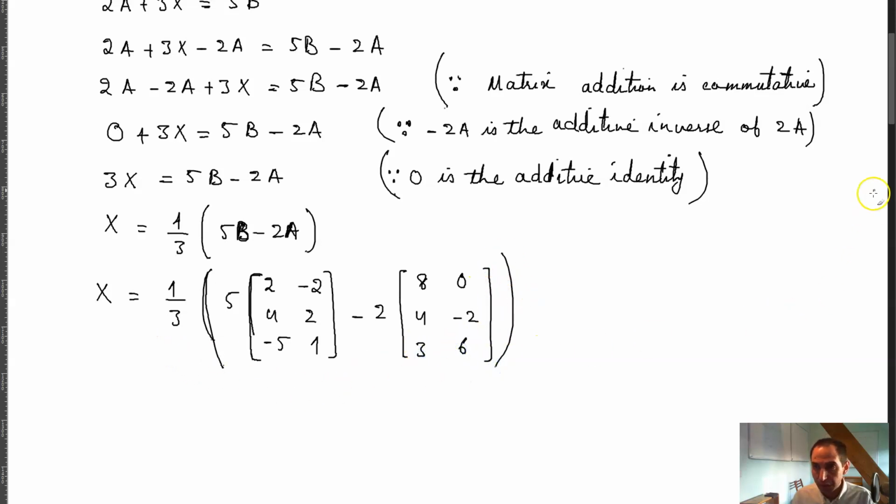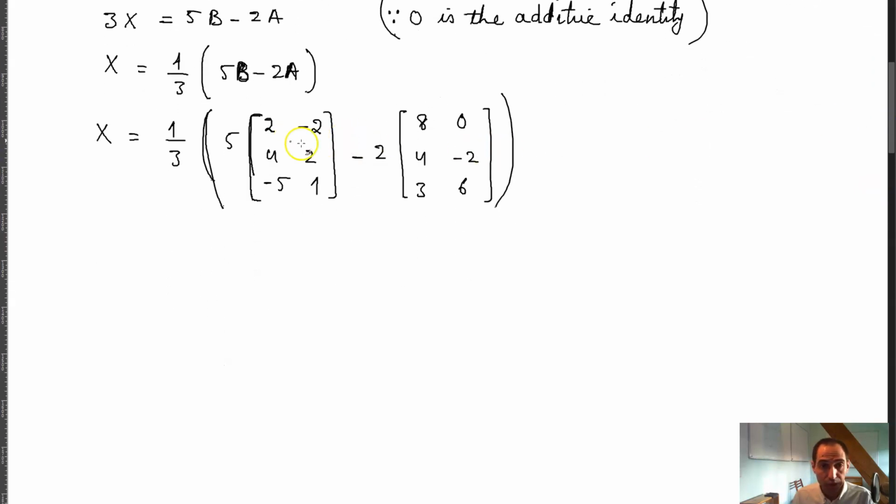Now we need to do the multiplication first, and then we will do the addition or subtraction, whatever you want to call it.